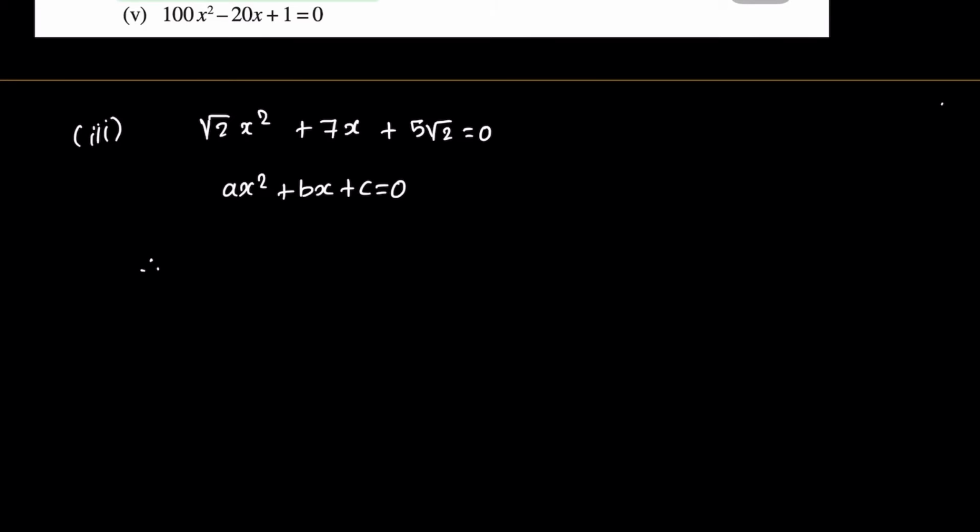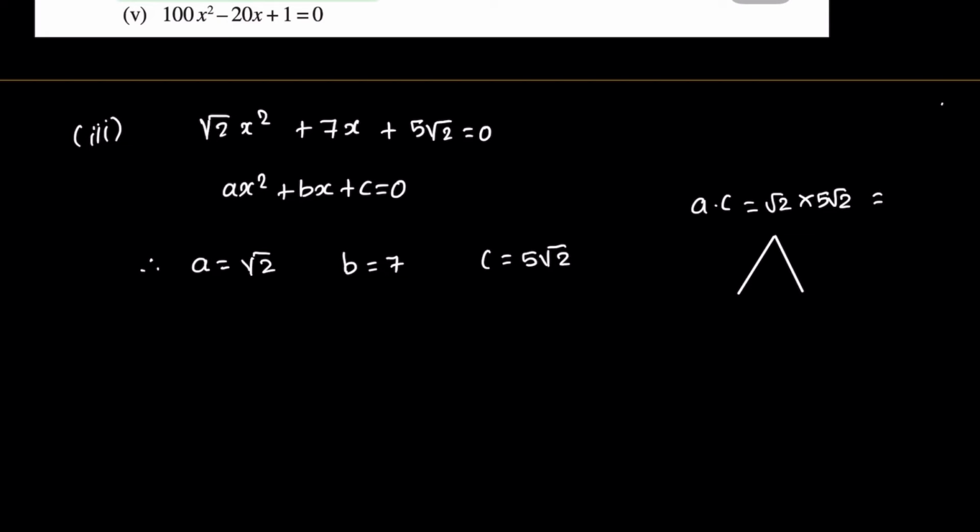Then the value of a is root 2, b is 7, and c is 5 root 2. So now we can use a times c, that is equal to root 2 times 5 root 2. So root 2 and root 2 will be just 2. So 5 times 2 is equal to 10.